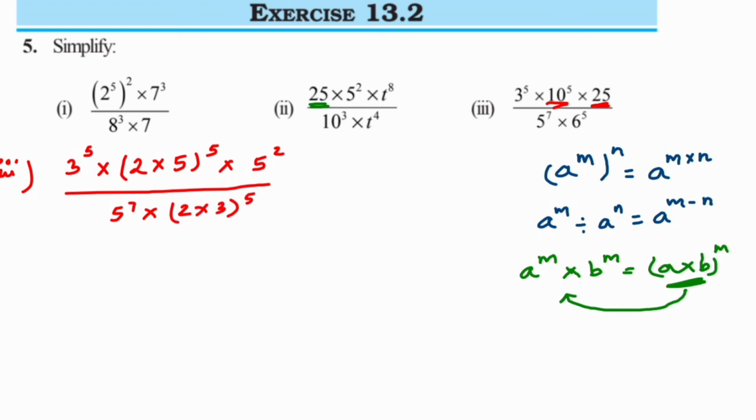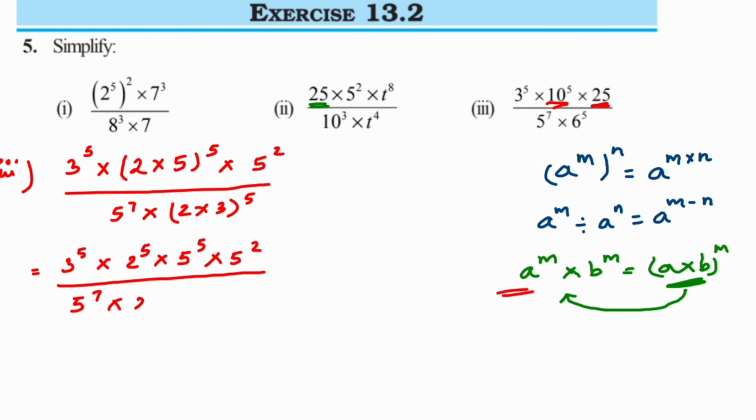Now we're gonna use this third law which I have written here. When the bases are different, powers are same, we can open up. So this is 3 to the power 5 multiplied by 2 to the power 5 multiplied by 5 to the power 5 multiplied by 5 square. Okay, and then upon 5 to the power 7 into 2 to the power 5 multiplied by 3 to the power 5. Now in the numerator, if you see, this 5 and this 5 have the same base, so we can apply the law.